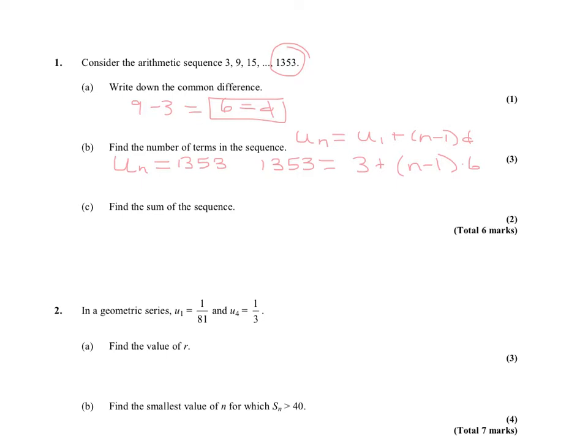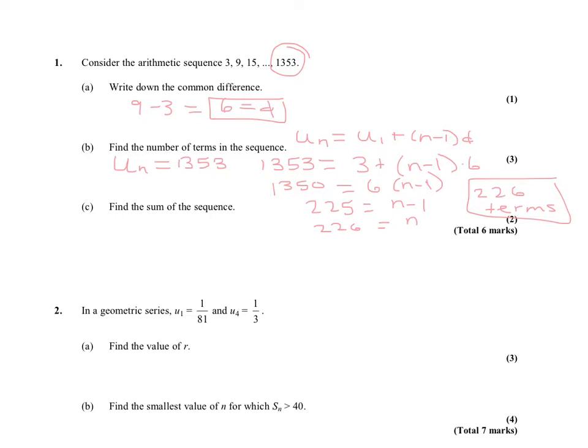So now we're going to solve. Subtract 3, we get 1350 equals 6 times n minus 1. Divide by 6. And so we get 225 equals n minus 1. So n is 226. So there are 226 terms in the sequence.